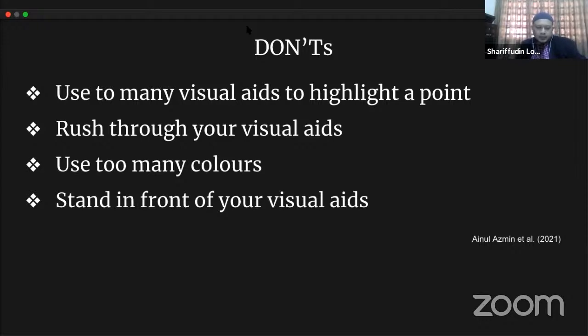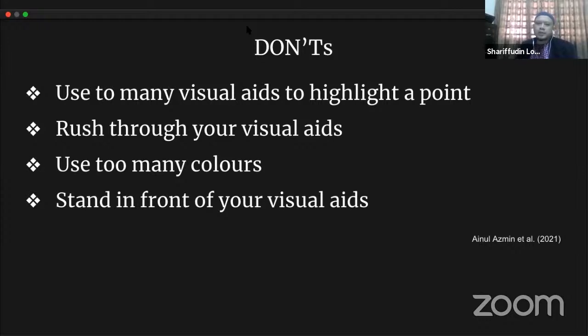Dia jadi sakit mata because of the colors that you chose. Yes, we know that you like bright pink, but don't use that bright pink in your slides. Even though you like bright pink very much, kan? You like bright pink intensely, don't use it.